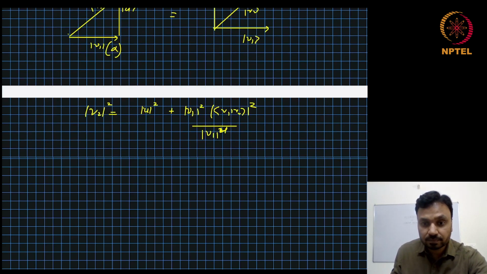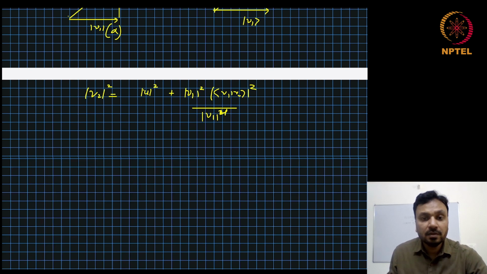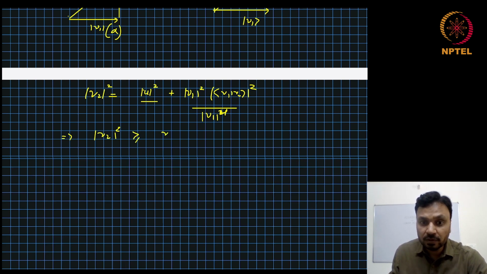Now this is a positive quantity, so we can say v2 mod square is always greater than or equal to v1 v2 mod square over v1 mod square.